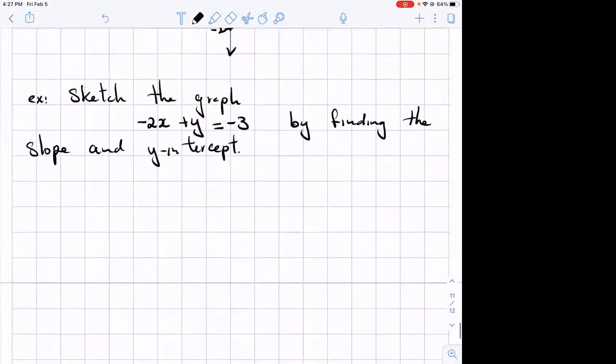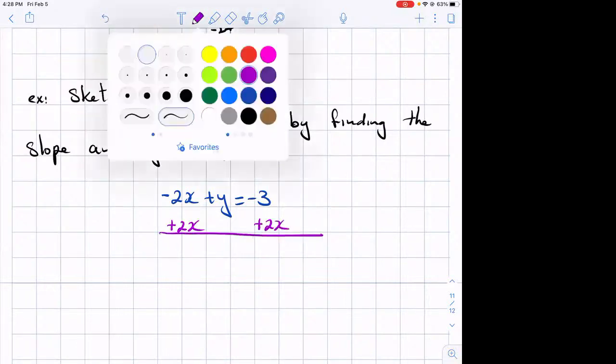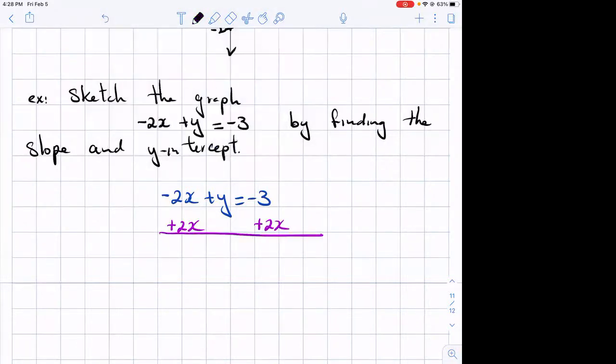Now, if you look at your equation given, we have minus 2x plus y is equal to negative 3. So you cannot quite tell the slope because y is not by itself. So what we're going to do is add 2x to both sides so we can isolate the y. And if we do this, we have y is equal to 2x minus 3.